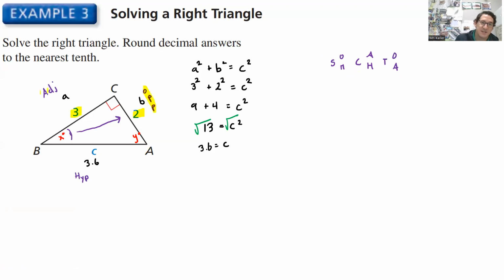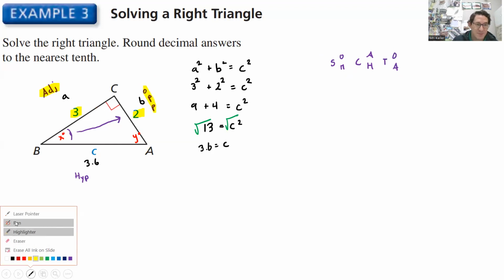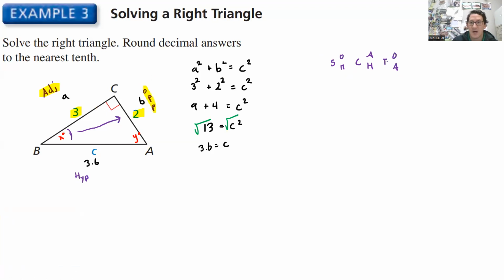I'm going to use 3, which is the adjacent side. So which trig function uses opposite and adjacent? That's going to be tangent. So I'm going to do tangent of X is equal to the opposite, which is 2, over the adjacent, 3.